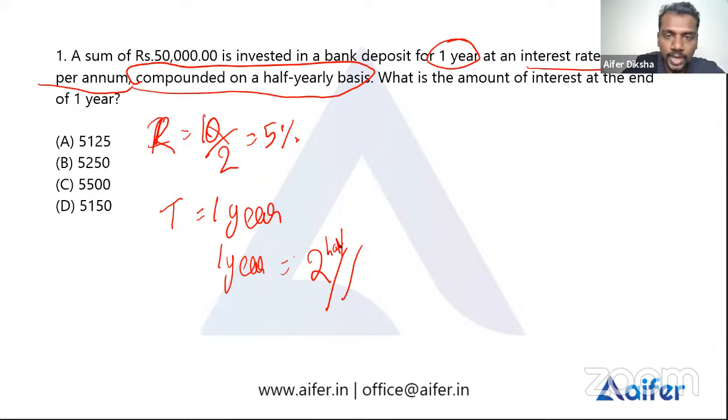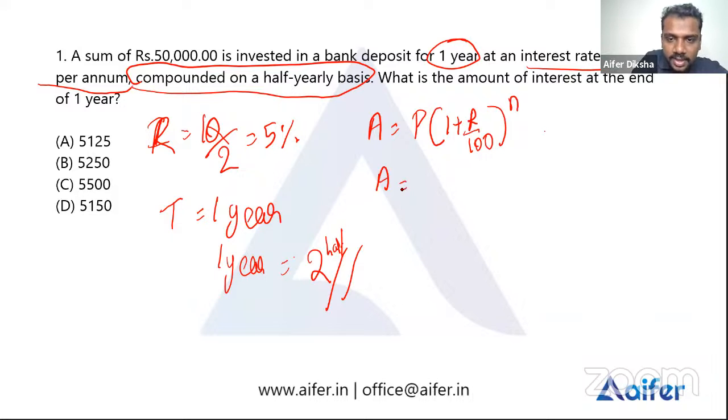Now we have the equation A equal to P into 1 plus R by 100 all raised to N. So we have A equal to P, here 50,000, into 1 plus R is 5, 5 by 100, all raised to 2.